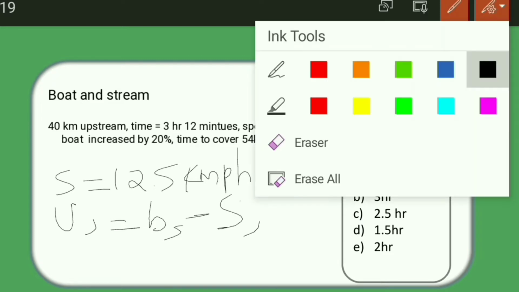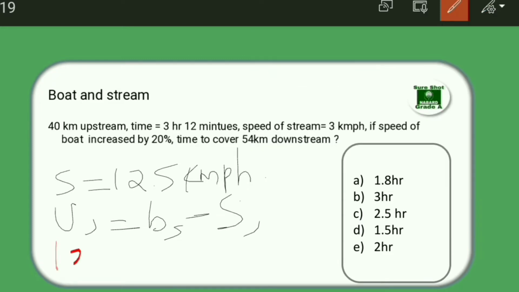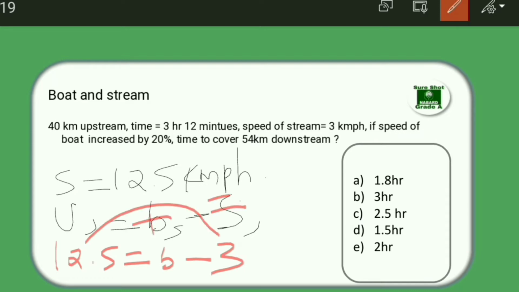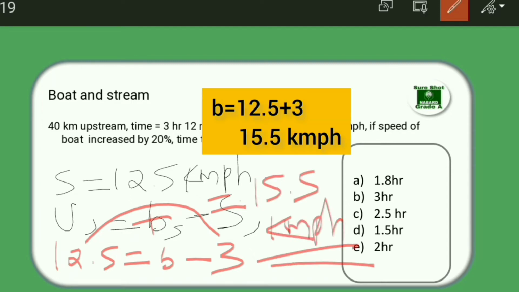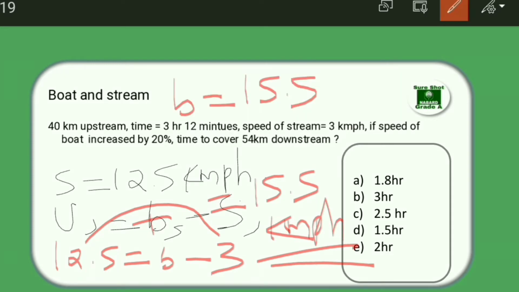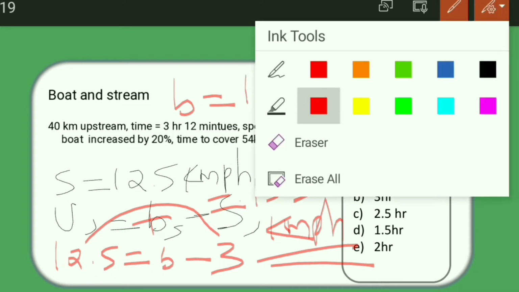So 12.5 equals speed of boat minus 3. So the speed of the boat will come to 15.5 km/h, that is 12.5 plus 3. I'm sorry for the bad handwriting, I'm writing on a small mobile screen. Please excuse me for that.